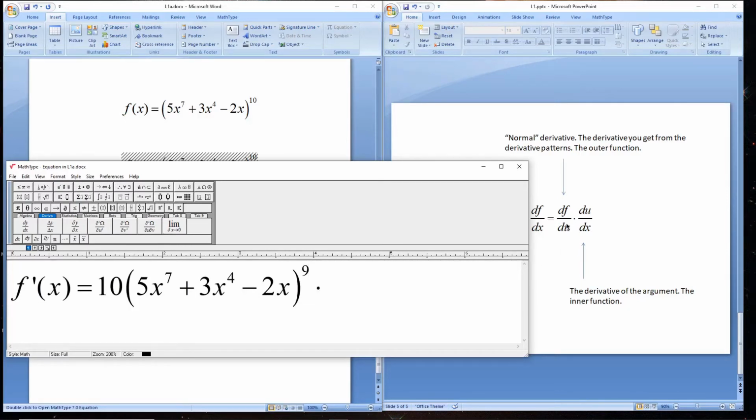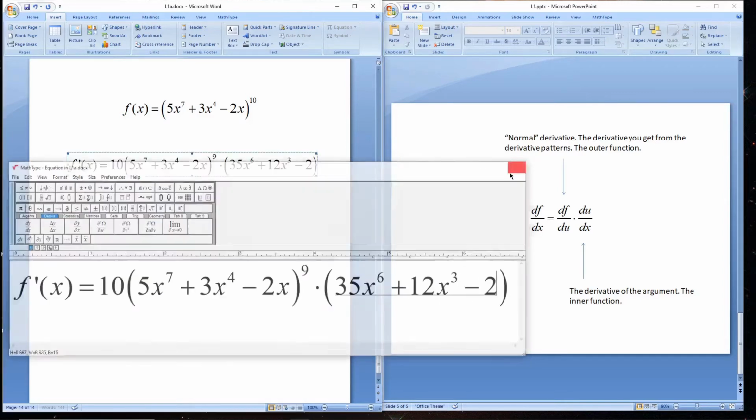That is df du. And then we multiply that by the derivative of the argument. Here is the argument. And now we multiply this by that derivative. And that's 35 then. And there's our answer.